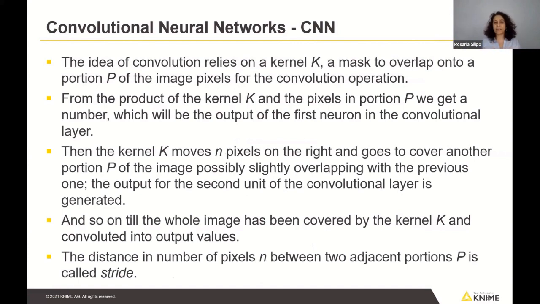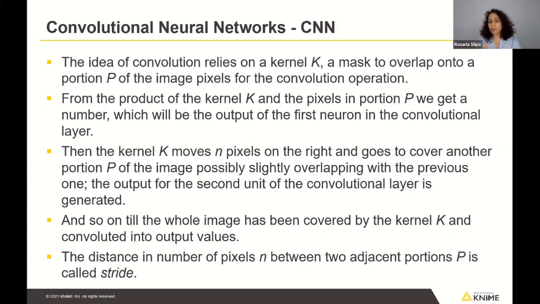So the idea is that each neuron has a kernel. The kernel is a mask that overlaps onto a portion P of the image. The pixels in the portion P are convoluted together with the values in the kernel K. The result of this convolution operation is the output of the neuron. Then what happens? We start from the first neuron. The first neuron overlaps the mask onto its dedicated portion P of the image, calculates the convolution, and produces the output.